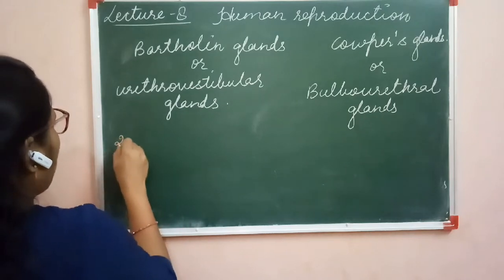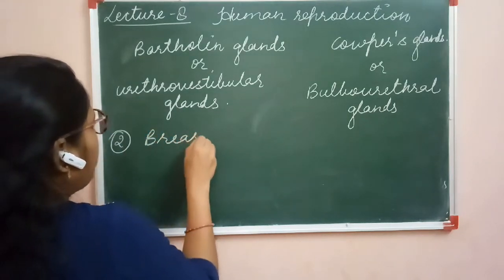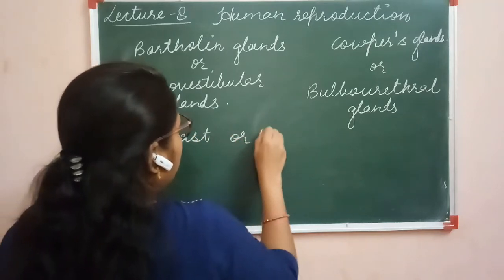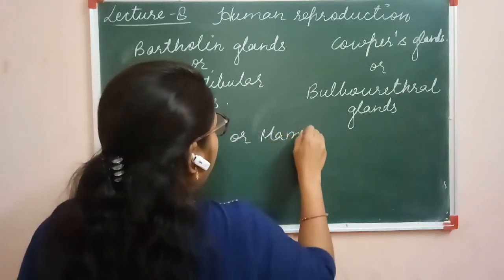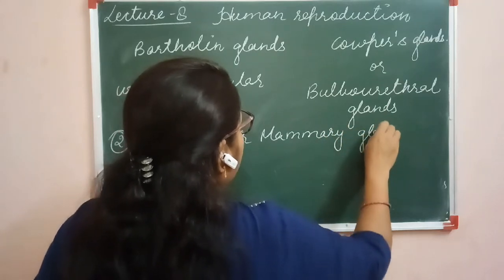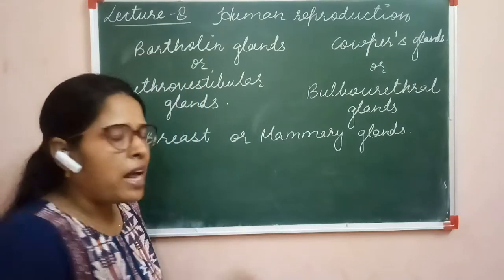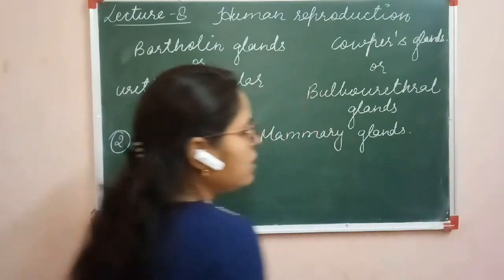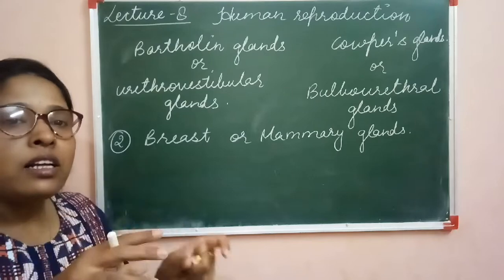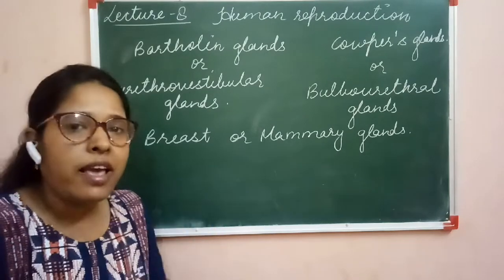The second gland is the breast or mammary glands. These mammary glands are present in both males and females, but in males they are functionless. The presence of these mammary glands indicates that the embryonal stages of males and females are the same.